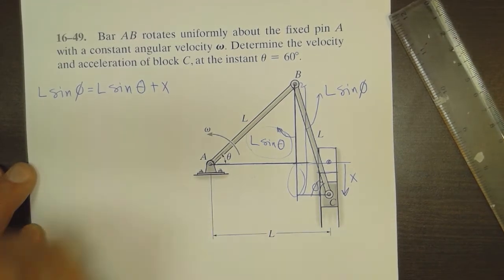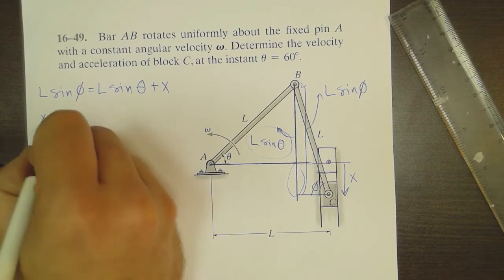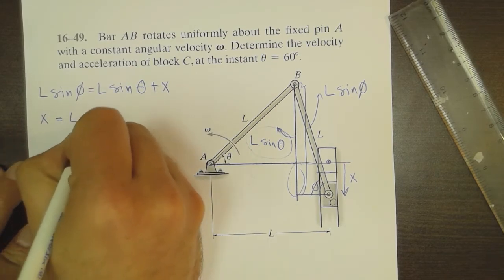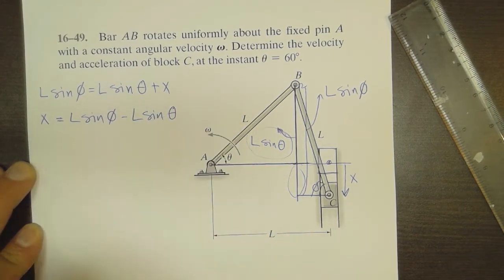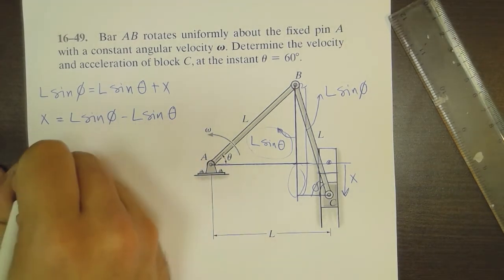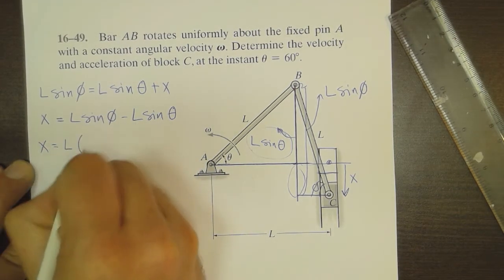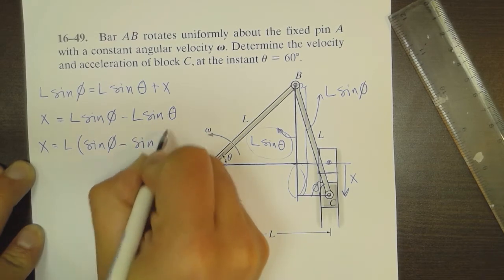Right? We can rearrange this because we are focusing on x here. So x equals L sine phi minus L sine theta, and we can take L out: x equals L times (sine phi minus sine theta).